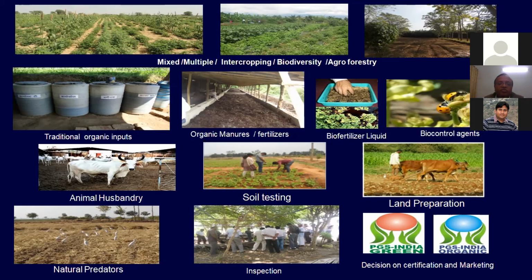Traditional agriculture inputs means organic inputs produced from the farm waste, cow dung, then Jivamrit, because if you see, nature has made such a beautiful system of replenishing the nutrient.